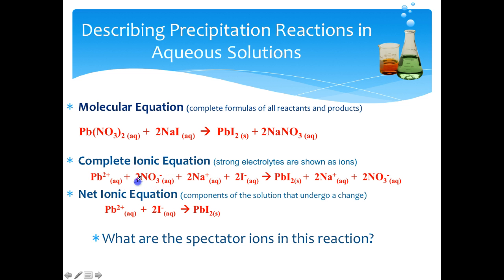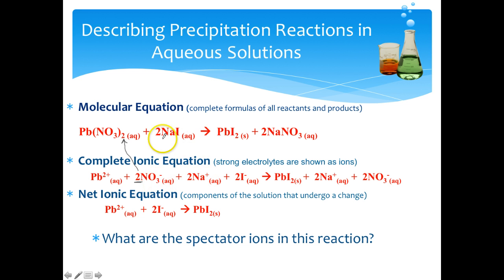But what about this 2 as a coefficient? Where did that 2 come from? It came from the subscript up here, because for every one lead ion, there are 2 nitrate ions. So you need to put the coefficient 2 here to indicate that there are 2 nitrate ions.